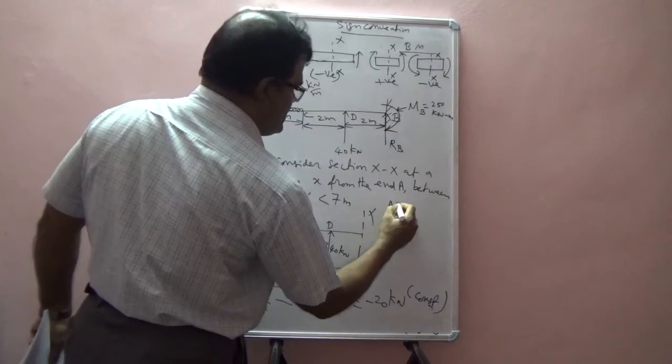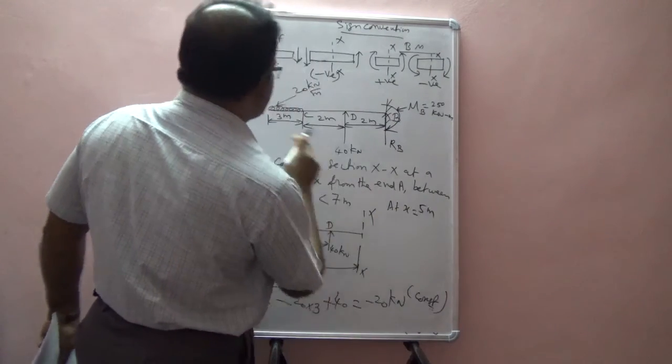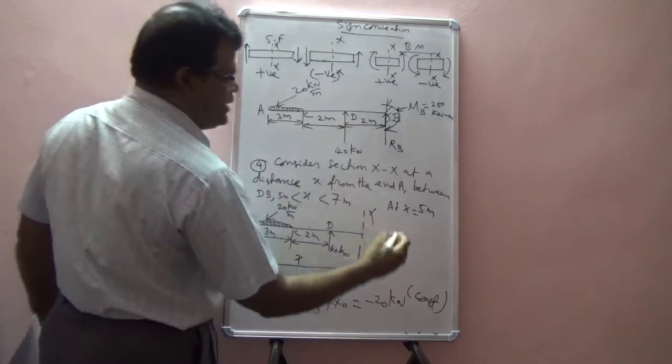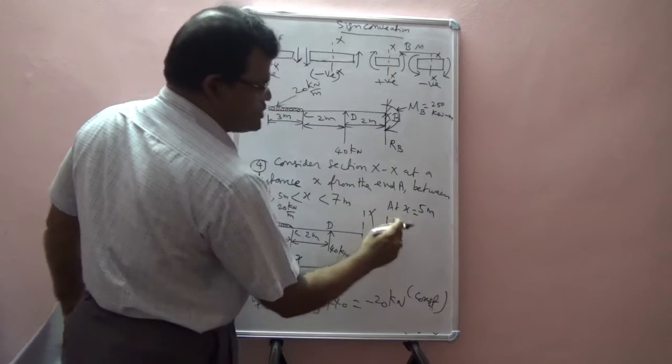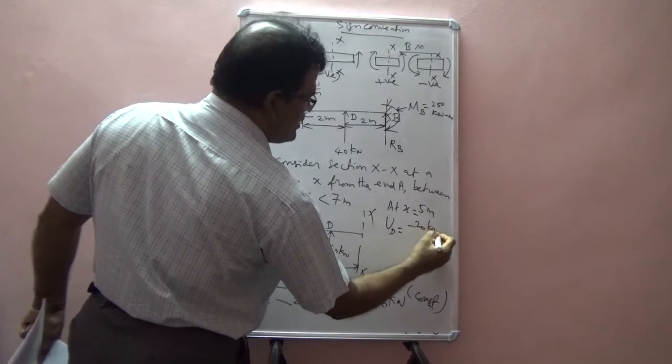So at x is equal to 5 meter from A, that is point D. Therefore, the shear force at D, denoted as VD, will be equal to minus 20 kilonewton.